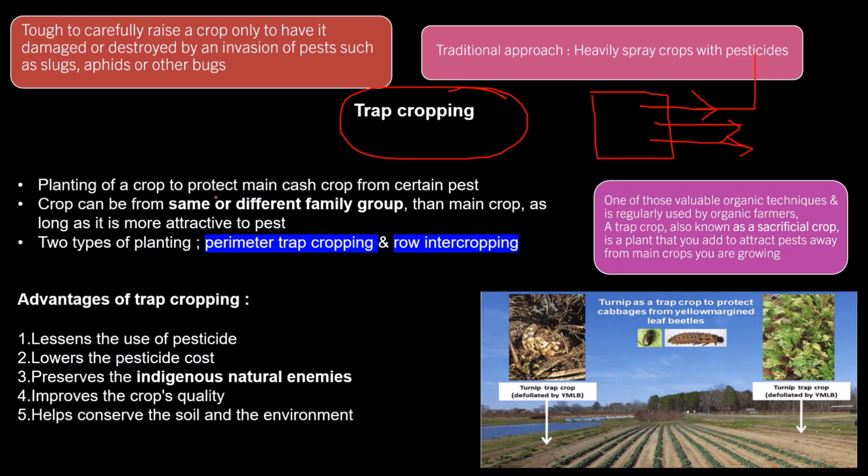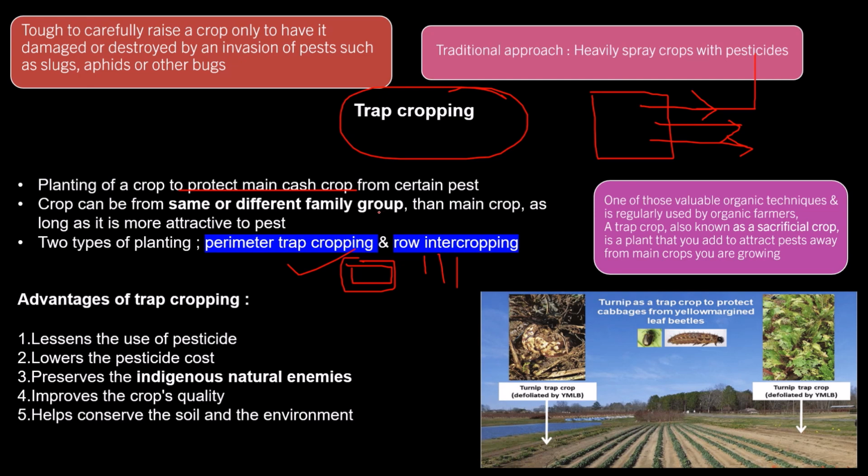So in this case, as we have already talked about, this is a method in which the main cash crop is protected by planting some other crops, of the same or a different family, along with the main crop. The planting can be in the form of perimeter trap cropping, or it can be row intercropping. Both methods can be taken up. This will be taken in detail subsequently.